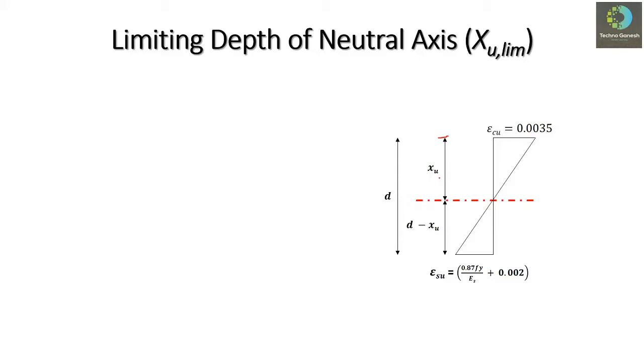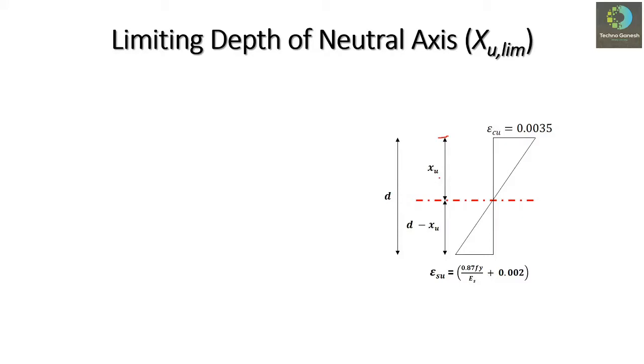Now, we are going to derive the equation for this limiting depth of neutral axis. To find it, we have to consider the different grades of steel which we are using. Currently we are using three types of reinforcement.